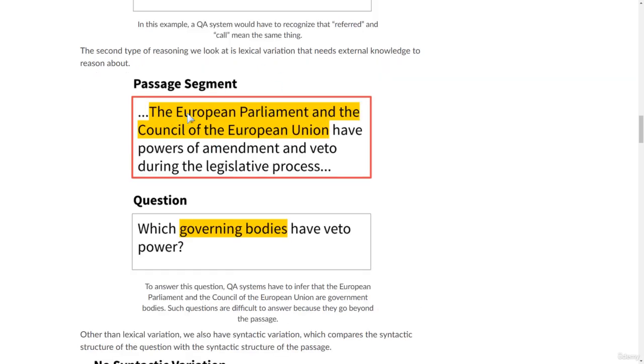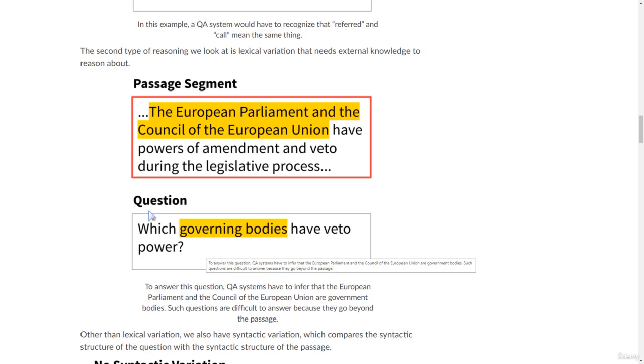Now, on a challenge like this one, we have: the European Parliament and the Council of the European Union have powers of amendment and veto during the legislative process. The question is, which governing bodies have veto power? That is going to be very difficult for the model, to know that governing bodies is represented by the European Parliament and the Council of the European Union.